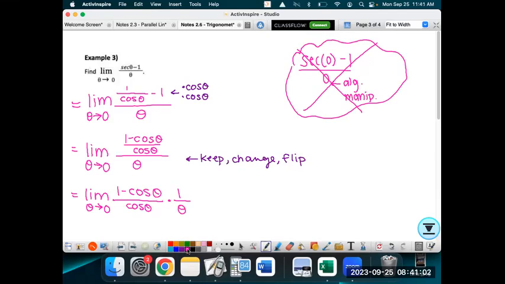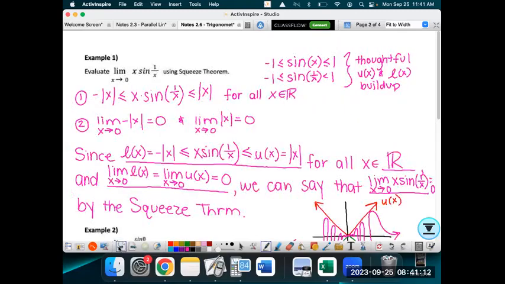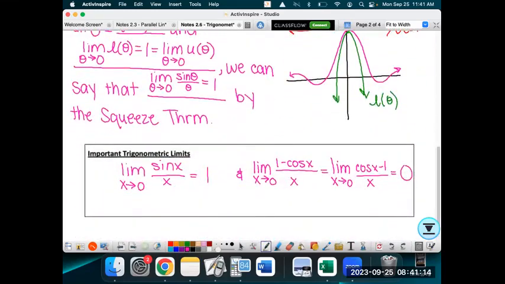I see something that we might be able to use. Why don't you guys look back at your important trig limits? Do you see how we have basically this as a part of our limit? There's some extra stuff, but I see a 1 minus cosine theta over theta, and we have the x value approaching the same thing.